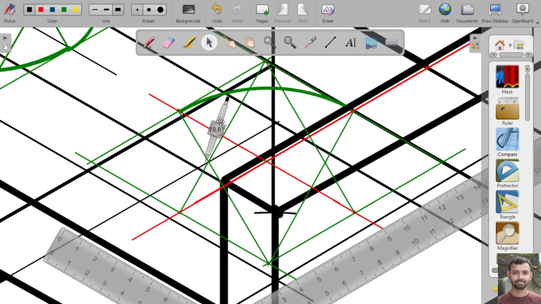The next part is, this is the center point. This one is the center point. Okay? And this one is the radius. And this is the diameter.